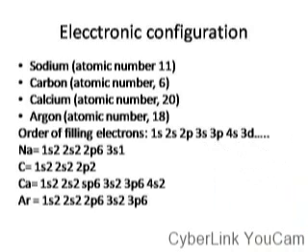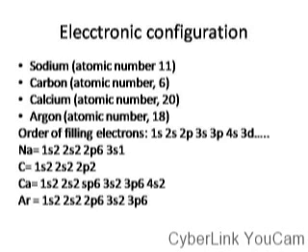For atom carbon that has an atomic number of 6, the electronic configuration will be 1s2, 2s2, 2p2.